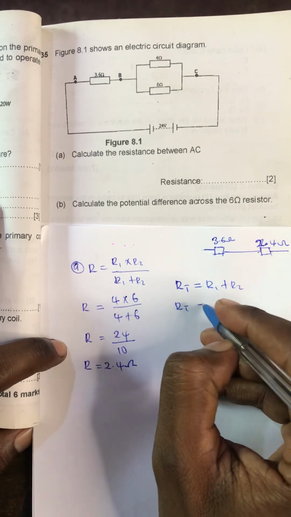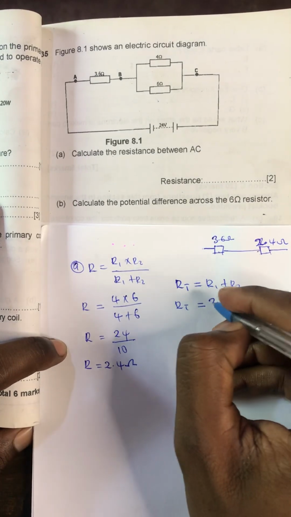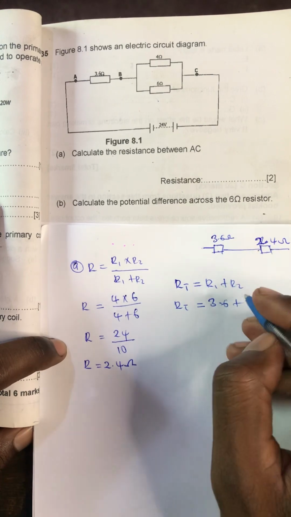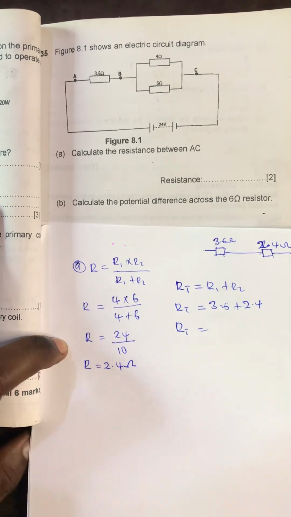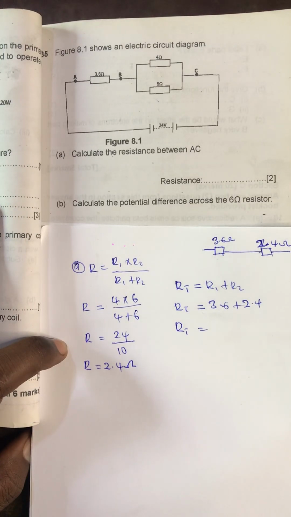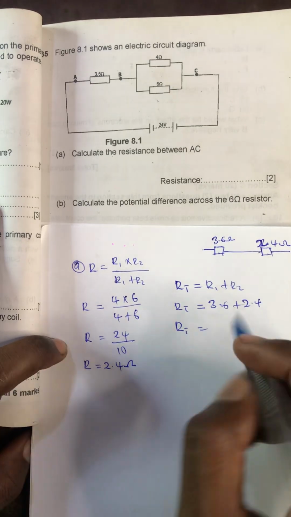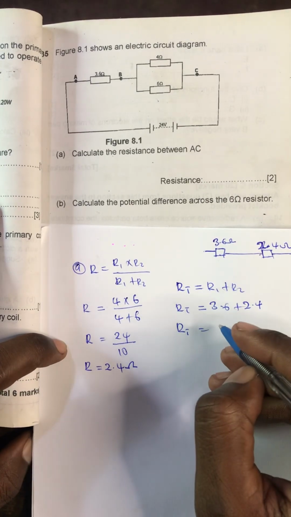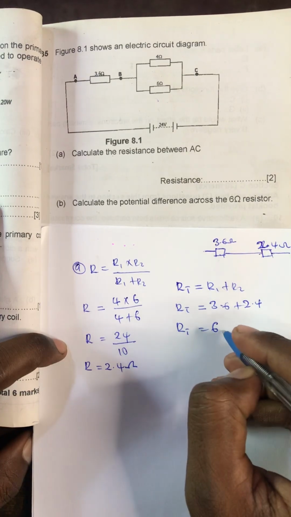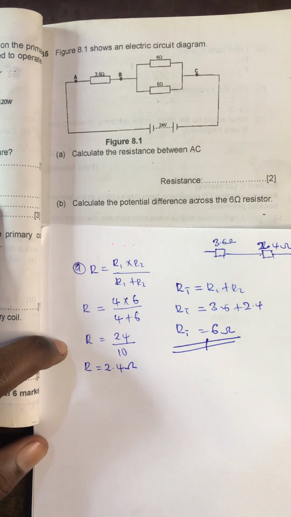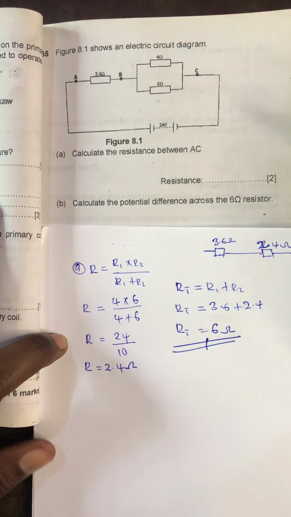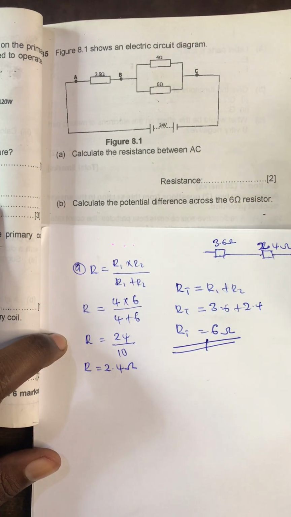So the total resistance will be equal to R1 3.6 plus R2 2.4 ohms. When we add these two on our calculator, we should get 6 ohms. So 6 ohms is going to be the total resistance, or the resistance between AC. This is going to be the final answer.